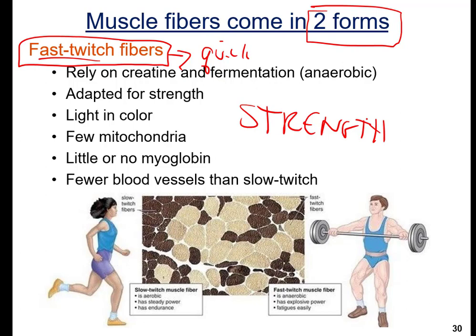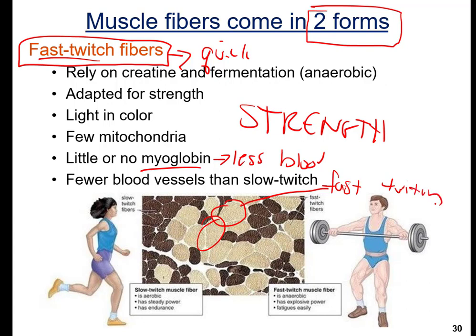Fast twitch muscle fibers have little myoglobin, meaning there's less blood flow in these types of muscles. Because there's less myoglobin, the fast twitch muscle fibers are usually a lighter color. In this picture, these whitish ones represent the fast twitch muscle fibers.